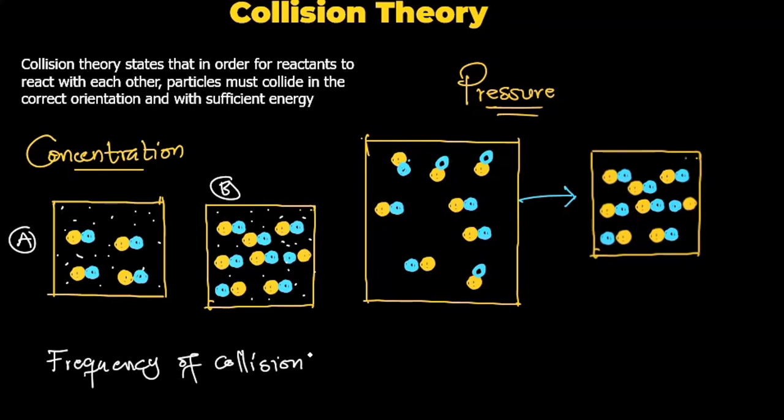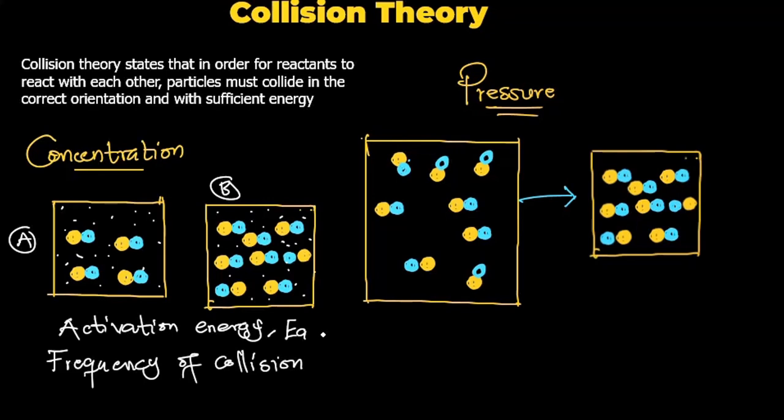And that energy, we call it activation energy, represented by EA, which we have seen when we were talking about the energy changes in reaction, that is enthalpy change. But we'll talk about it again.